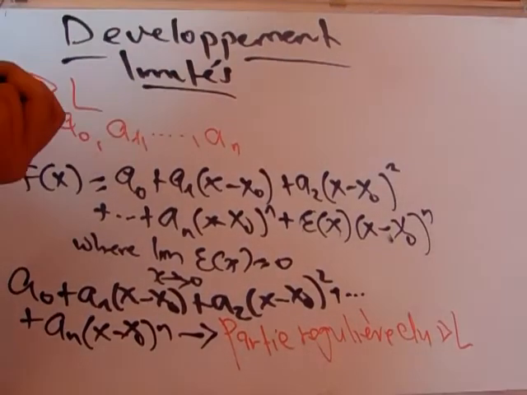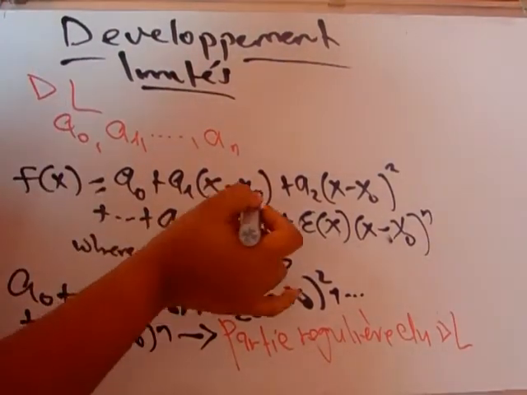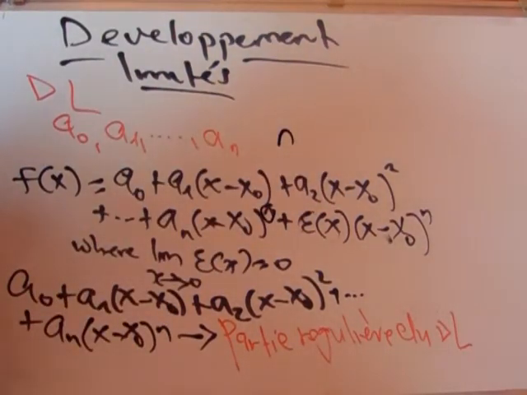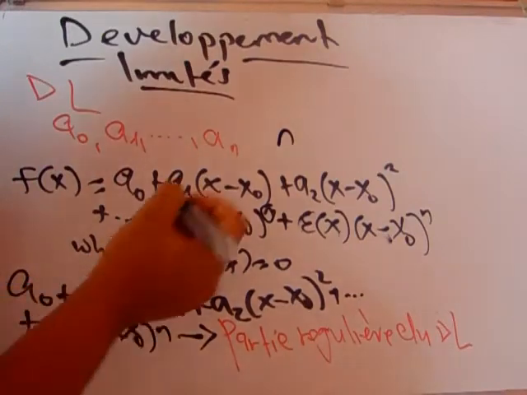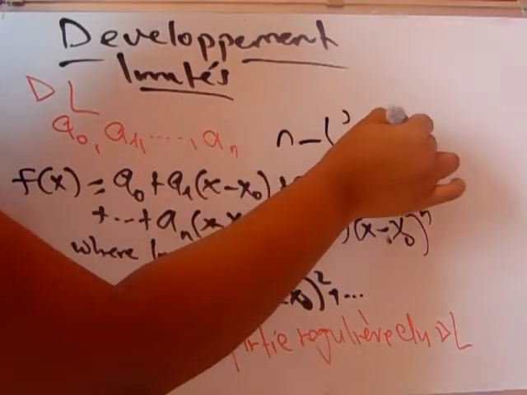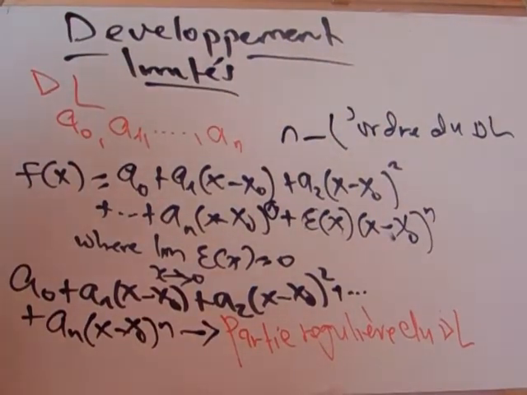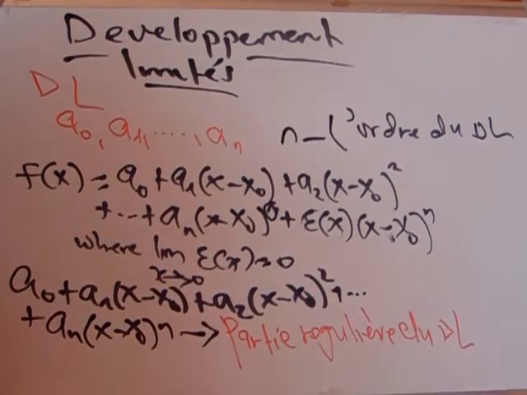And then I'll write the other one just here. The n that you're seeing is what we call l'ordre du DL. Let's say you are asked to calculate the DL of a certain function. You need to know where to stop, right?